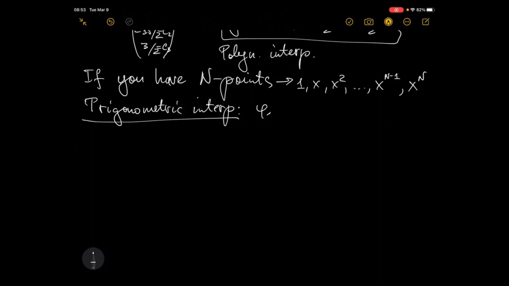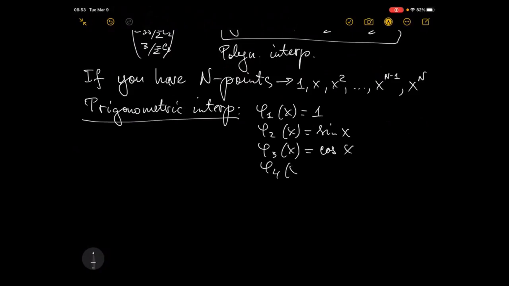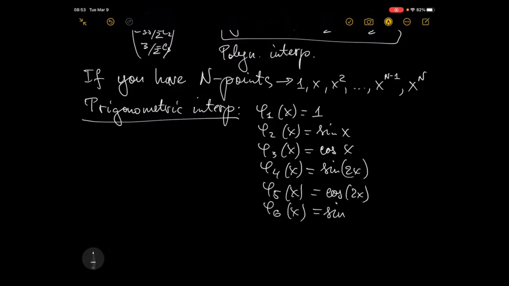So phi1 of x is 1, phi2 of x is sine of x, phi3 of x is cosine of x, phi4 of x is sine of 2x, phi5 of x is cosine of 2x, phi6 of x is sine of 3x, phi7 of x is cosine of 3x, and so on.